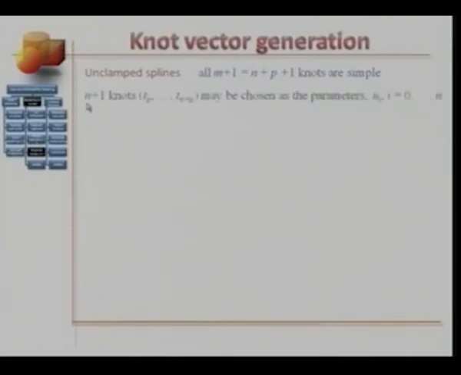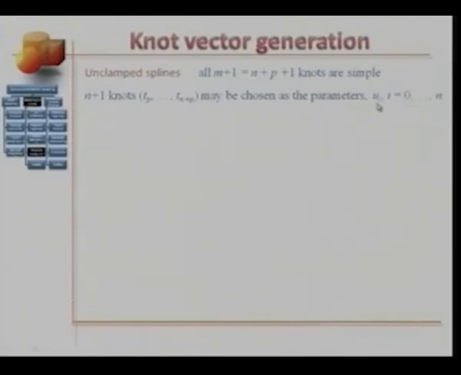Of these n plus 1 knots, namely Tp, Tp plus 1, Tp plus 2 up till Tn plus p, may be chosen as the parameter values themselves, U of i, where i would go from 0 to n.